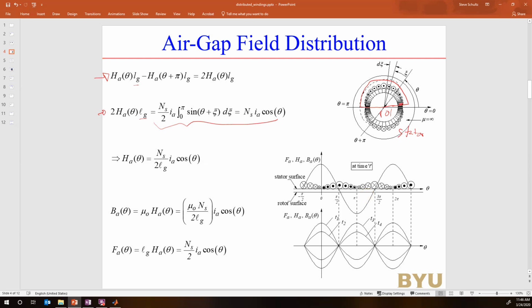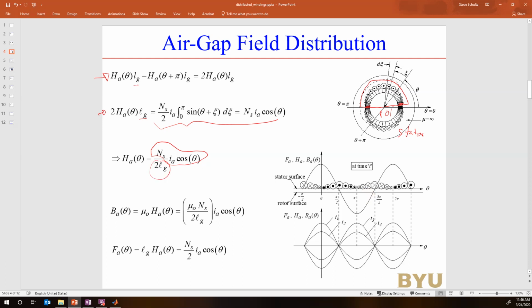All of it is going to drop across this air gap and this air gap, and my magnetic field is going to be perpendicular to the air gap, because that's the smallest path. Then my magnetic field is going to be the total number of conductors right here, which varies with angle, divided by my two air gaps.